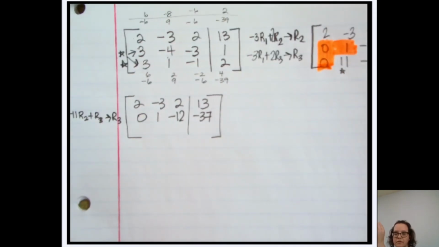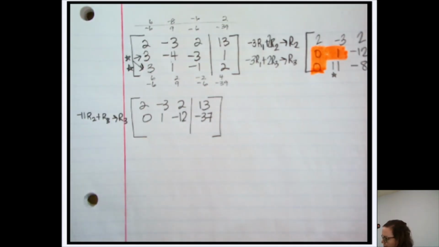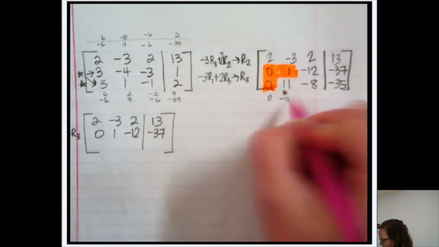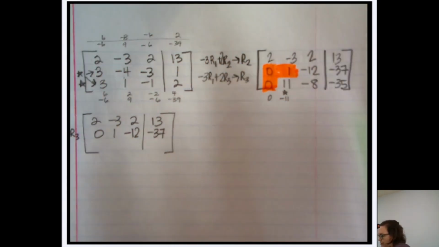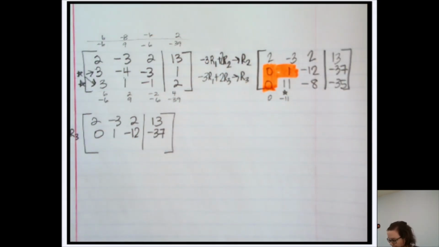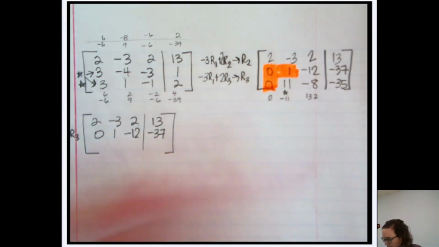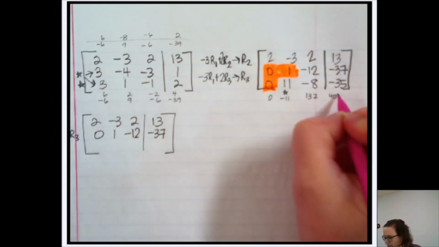Okay. So if I take row 2 by negative 11, I get 0, negative 11. What is that, 132, I think? So we have positive 132, and then negative 37 times negative 11 gives us 407.